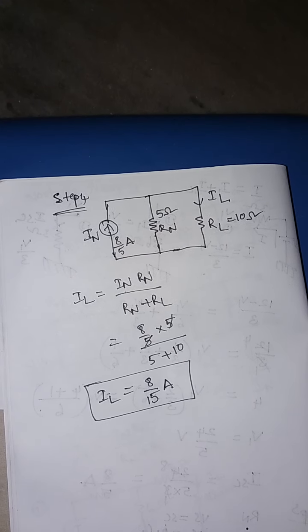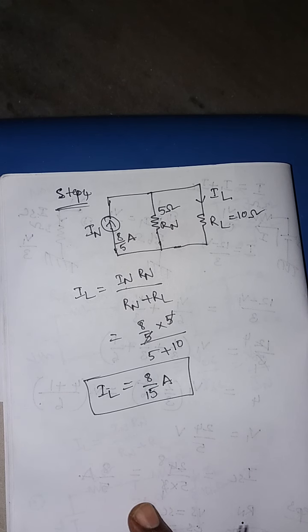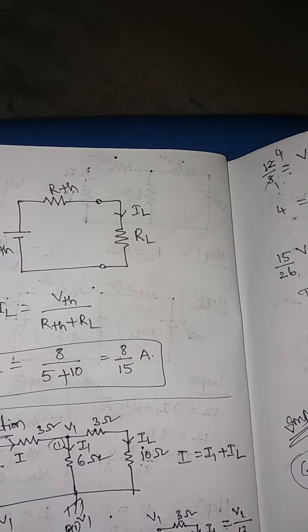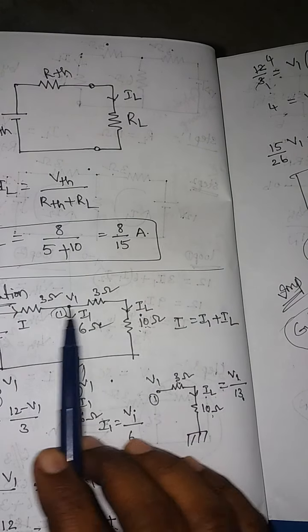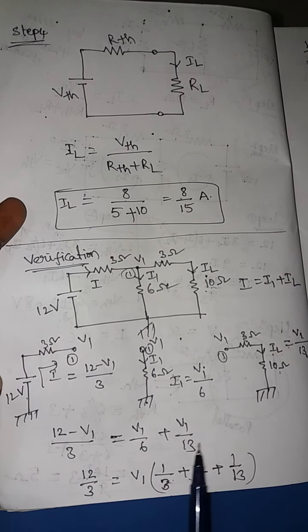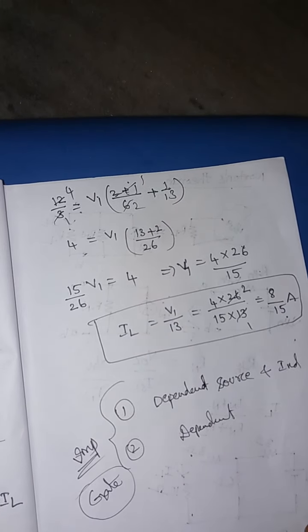So if you apply Norton's theorem, you get 8 by 15 ampere. Similarly, if you apply Thevenin's theorem, here also you get 8 by 15 ampere. And the direct test is like this. That is the verification. You can do the verification in this process, and you obtain the answer 8 by 15.